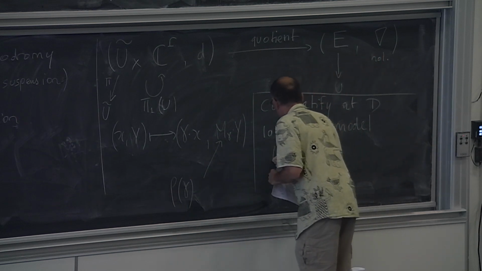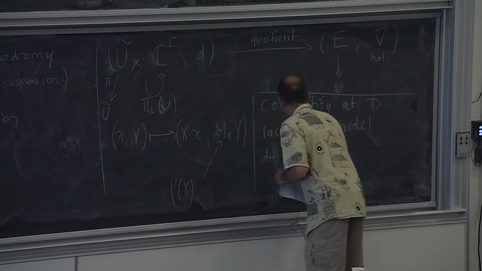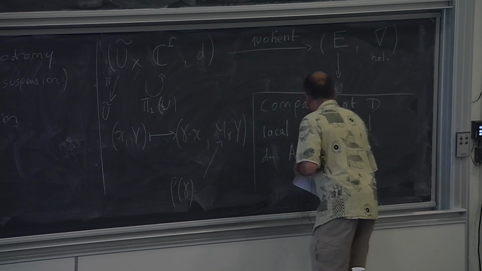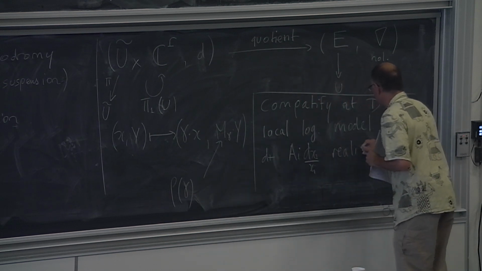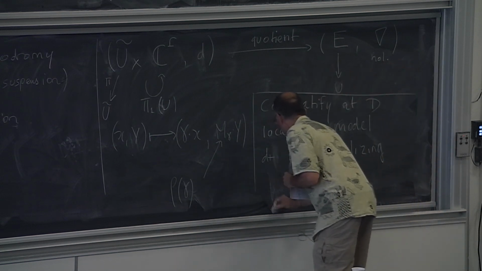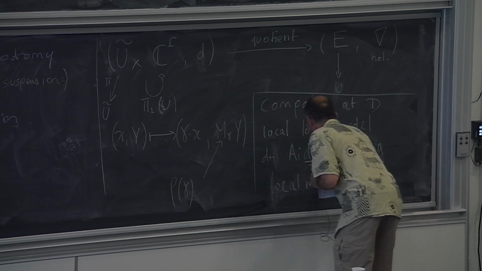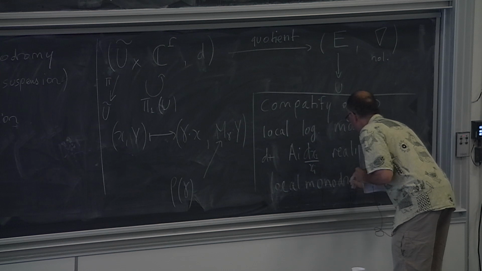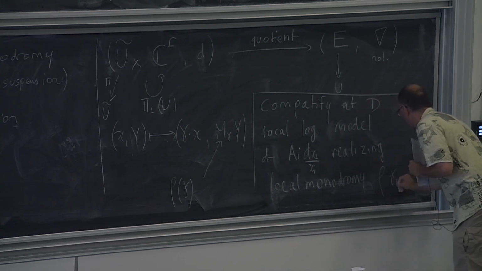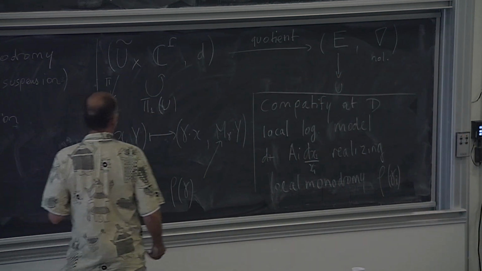I would take something like this: d plus A_i dx1 over x1, realizing the local monodromy, so what I call local monodromy, ρ of γ_i. And I show you on the picture.